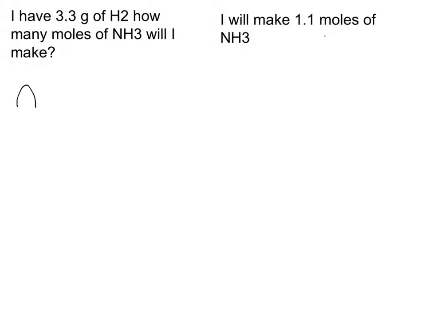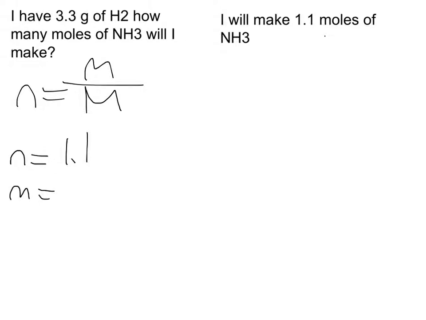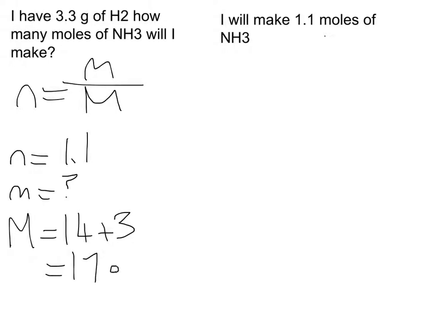So n equals little m over big M. n, actually this time we know what it is. It's 1.1 moles. Our little m, that's what we don't know. Our big M, what is the molar mass of NH3? Well, it's 14 for nitrogen plus 3 lots of hydrogen. So that gives us 17 grams per mole. Grams per mole means 17 grams in every mole.